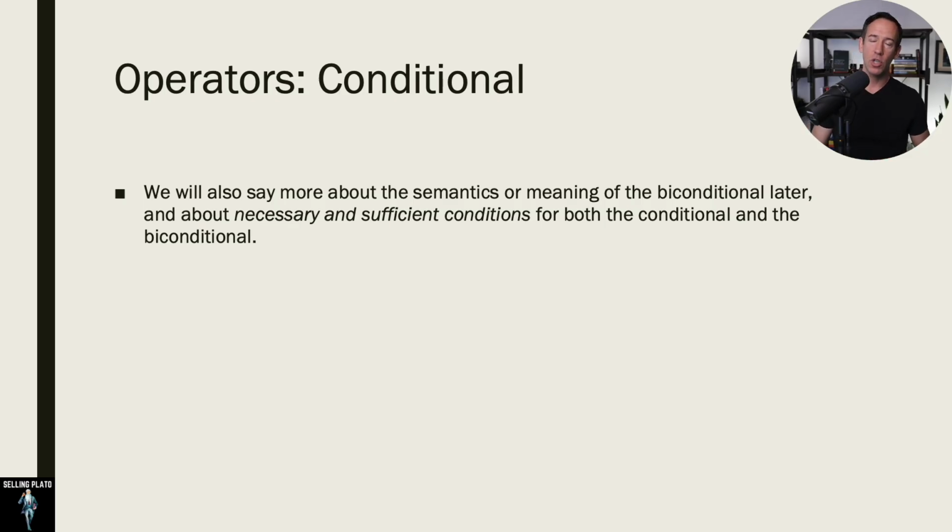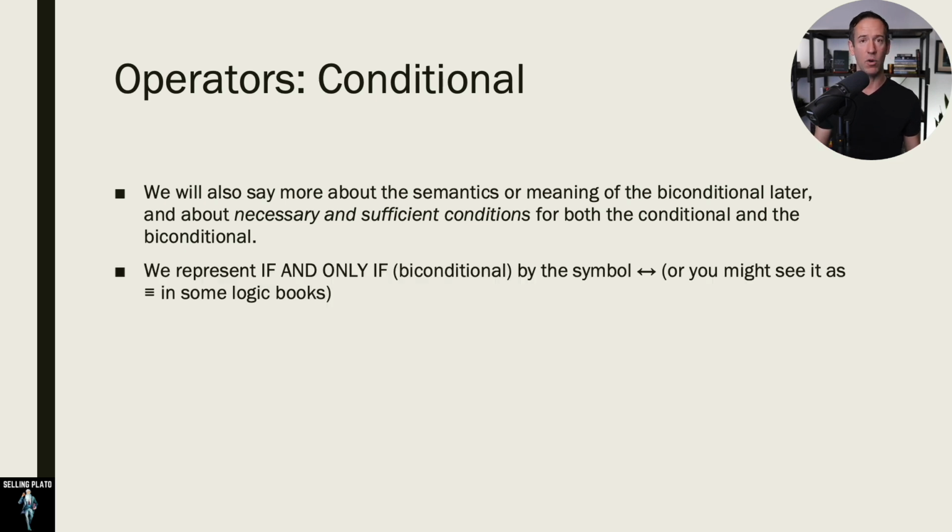And we'll also talk about necessary and sufficient conditions for both the conditional and the biconditional. That's coming up. It's going to be an important concept, and it's going to apply to the conditional and the biconditional and how we want to interpret them.